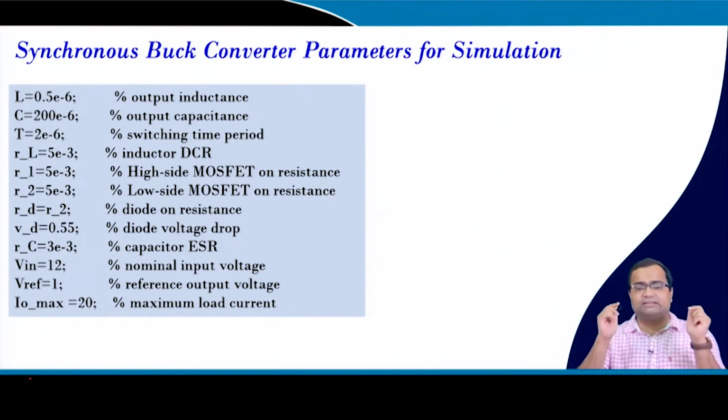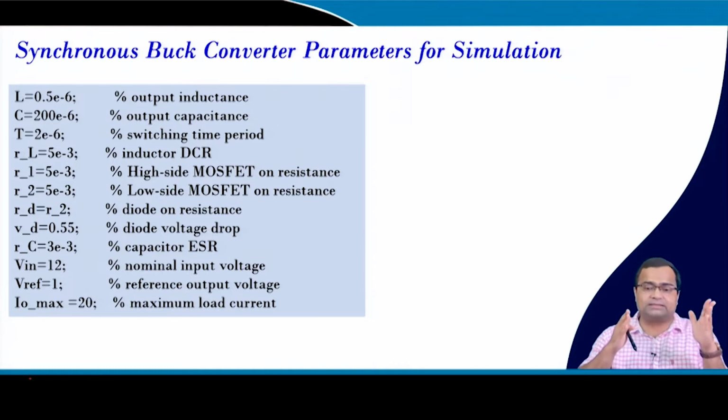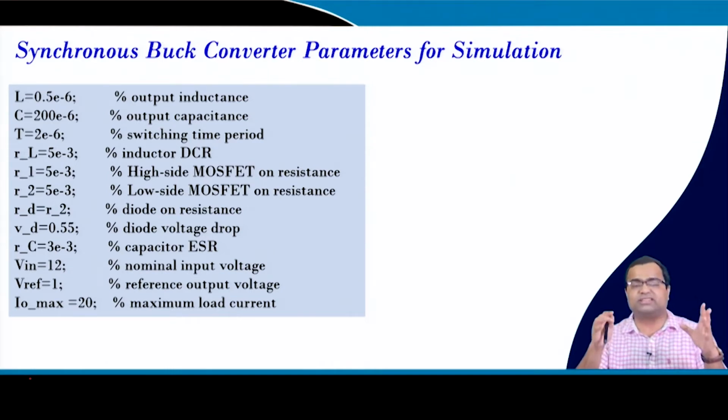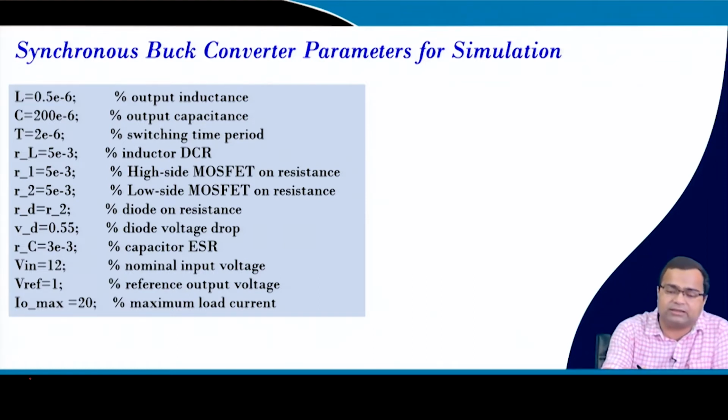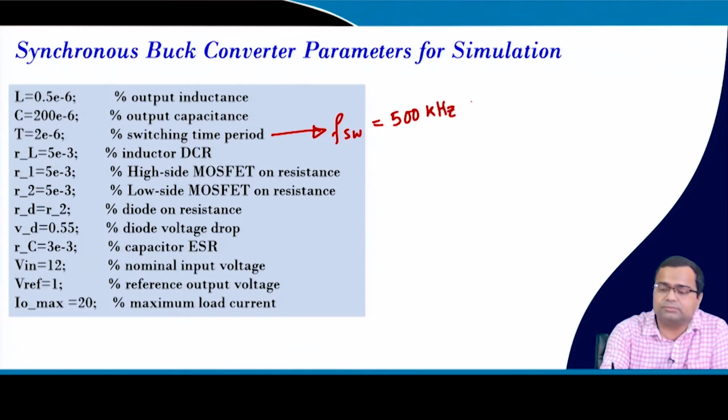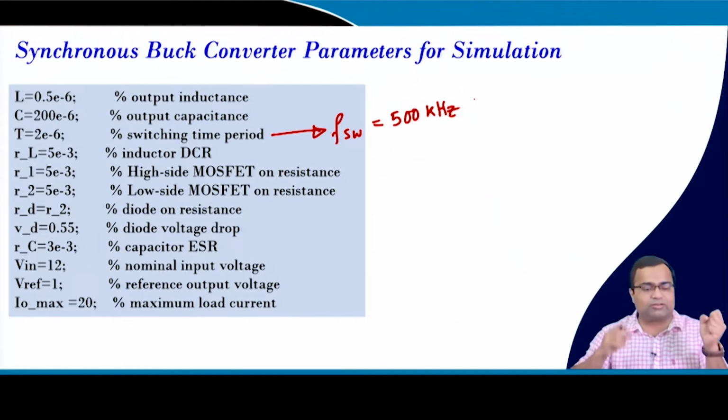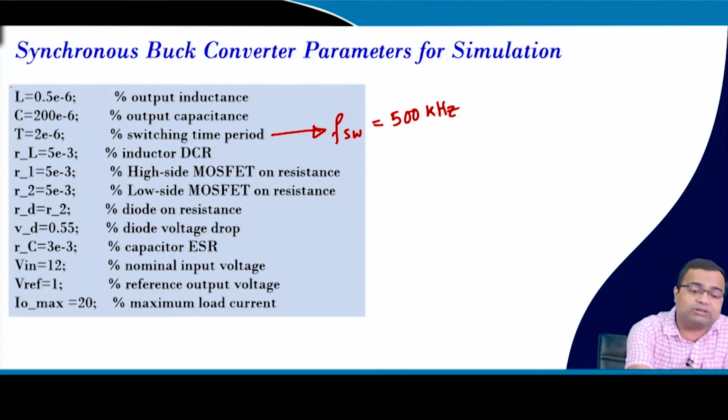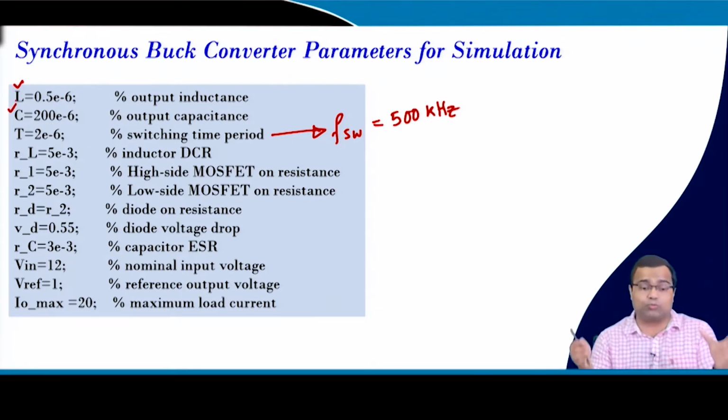In the previous class we discussed how to design the power stage of a buck converter, and we decided to select the switching frequency to be 500 kilohertz, which corresponds to a time period of 2 microseconds. We also decided how to design the output inductor and the output capacitor.